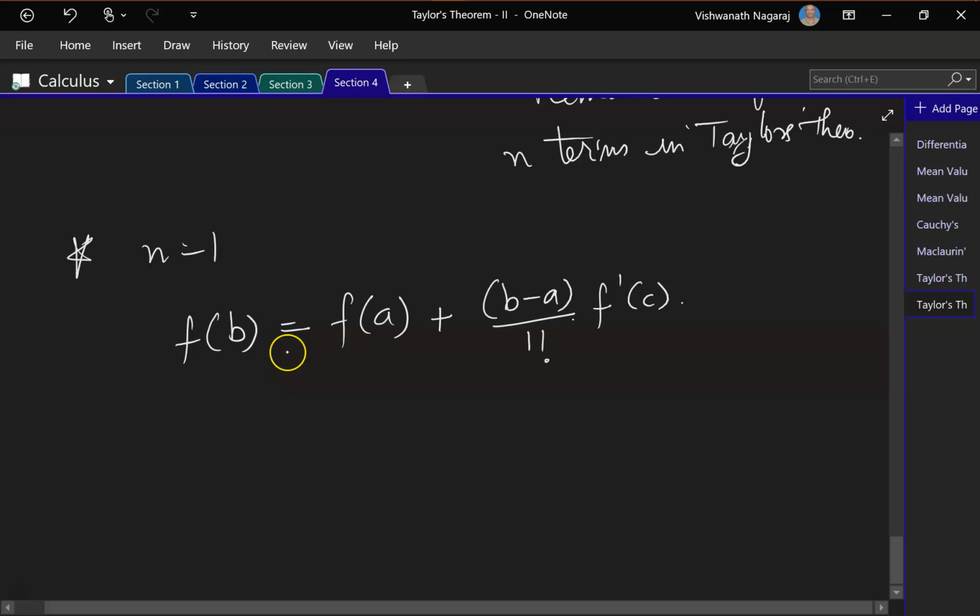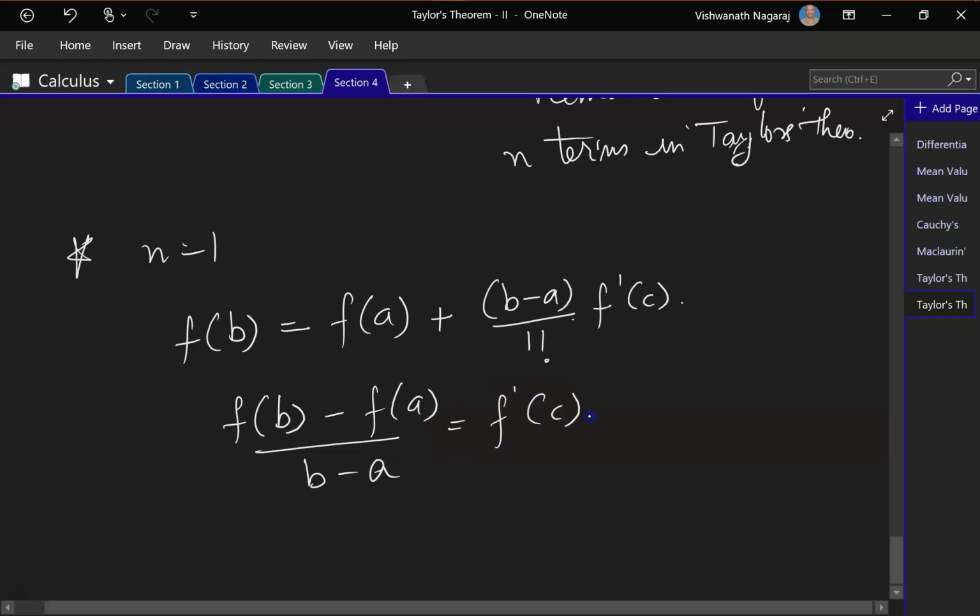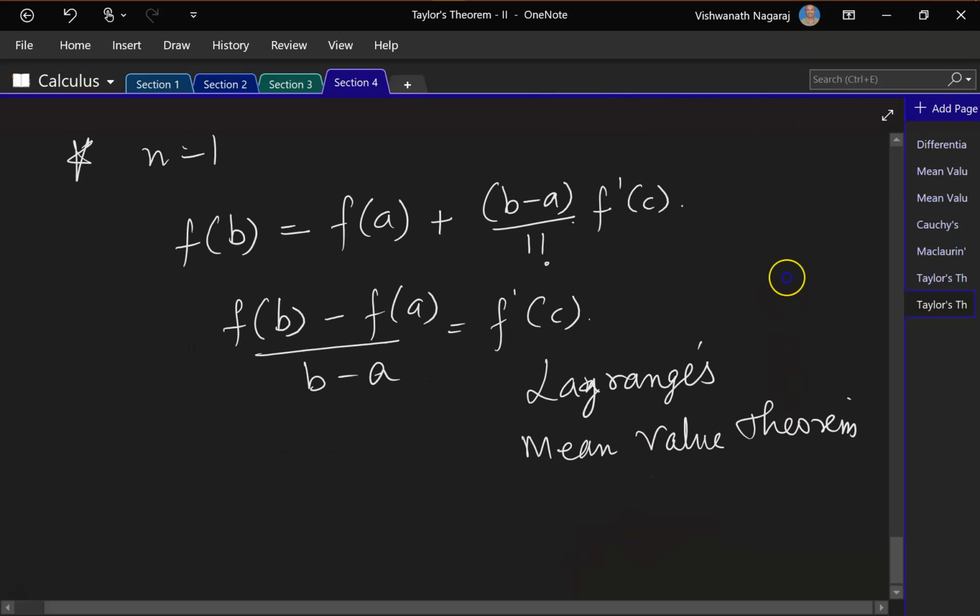Now let's bring this a to this side. We get f of b minus f of a divided by b minus a is equal to f prime of c. What's this? This is nothing but the Lagrange mean value theorem. Yes, okay.